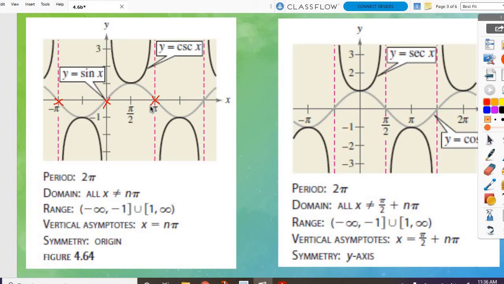So here, my maximum gets turned into a minimum for my new graph. And likewise, if I have a minimum, it gets turned into a maximum for my new graph. And then the same is going to be true for our secant graph. It's just going to be based upon our cosine graph instead.